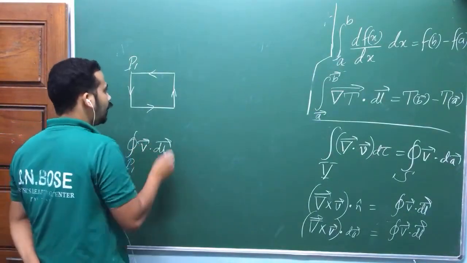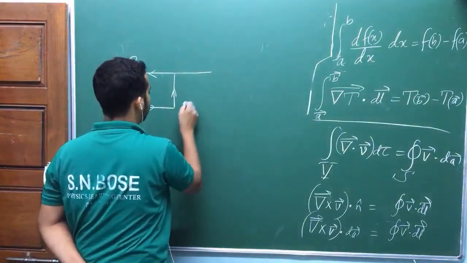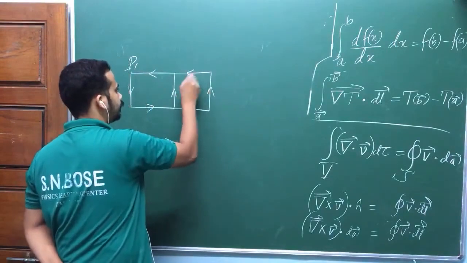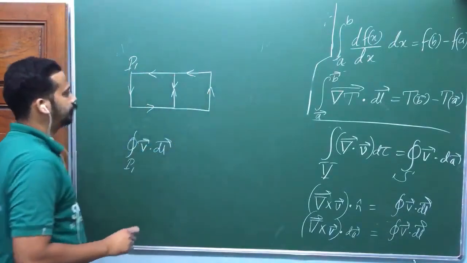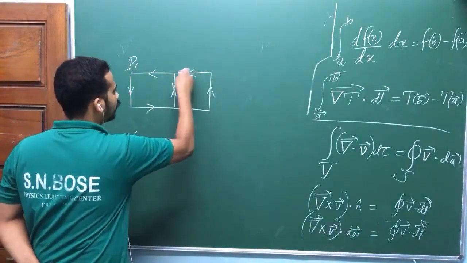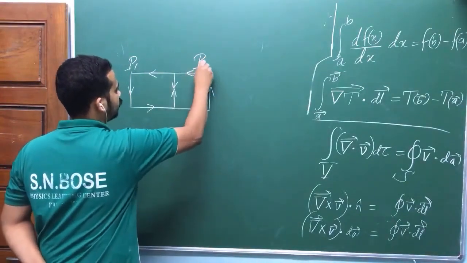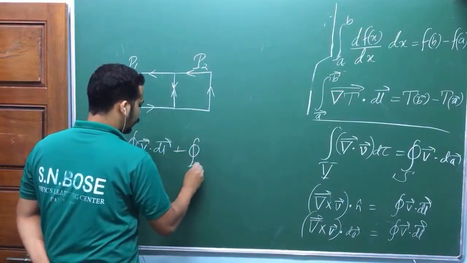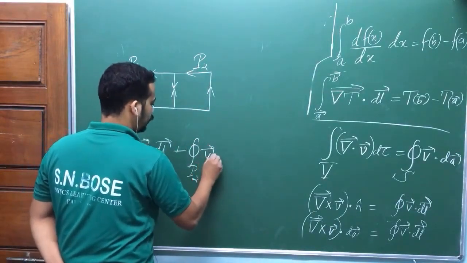Now along with that one I'll take one more path. I'll call this second path P2, and I will add the line integral over P2 of v bar dot dl bar.